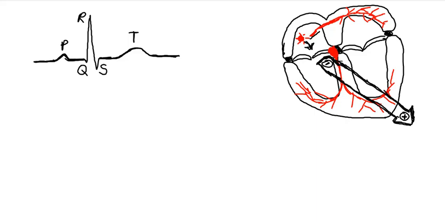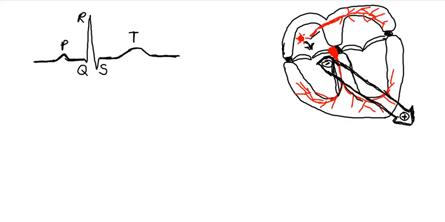Then the impulse travels down the bundle branches. Okay, this is the interventricular septum, this thing here, and it is depolarized by the left bundle branch.